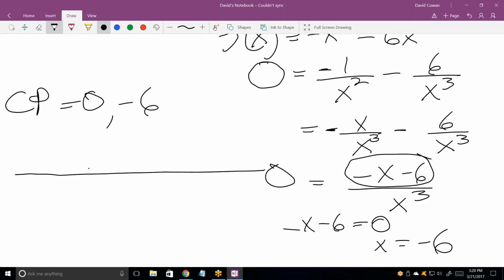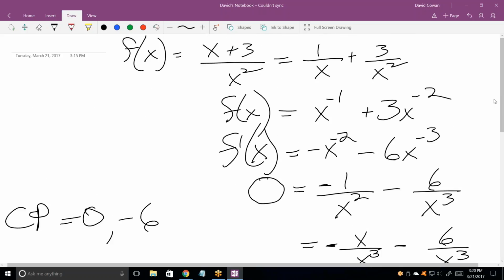Let's plot both of them, and let's figure out whether the function is positive or negative on either side. What is it to the left of minus 6? We have to go not to the derivative function, but to the original function. In other words, what is the original function when x is a number less than minus 6?